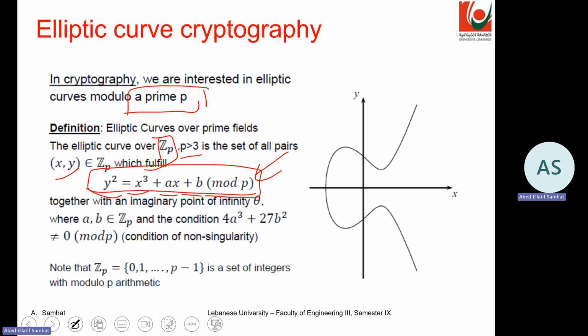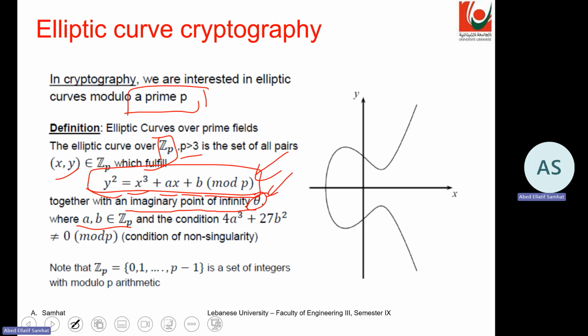And as we said, we will define the addition and the multiplication, and also what we call the infinity point. Here we consider the imaginary point theta.